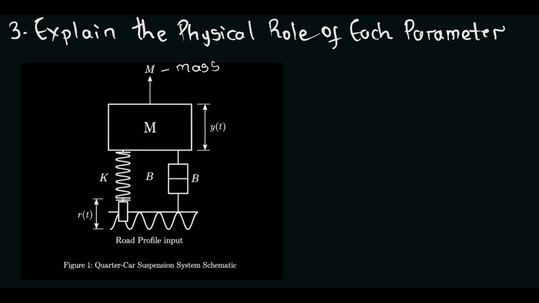So this provides inertial force, like resistance to change in acceleration. The larger the mass, the slower the system's natural response will be. You also have your k, which is your suspension spring stiffness.